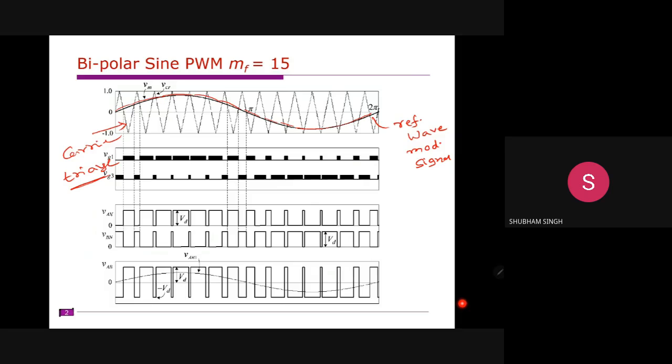So here we already discussed in the previous class MA and MF. MA is amplitude modulation index, MF is frequency modulation index. So this MA is to control the output voltage, whereas this MF is to control the harmonic spectrum or quality of output voltage of the inverter, right?